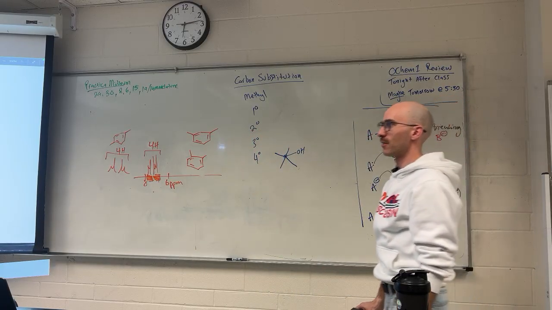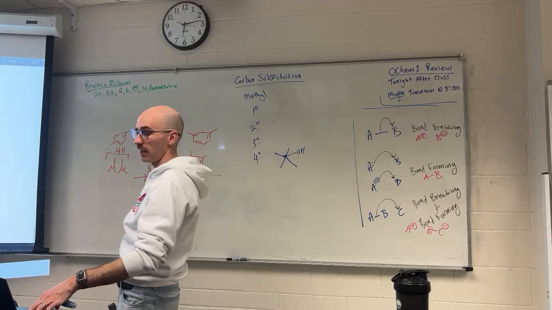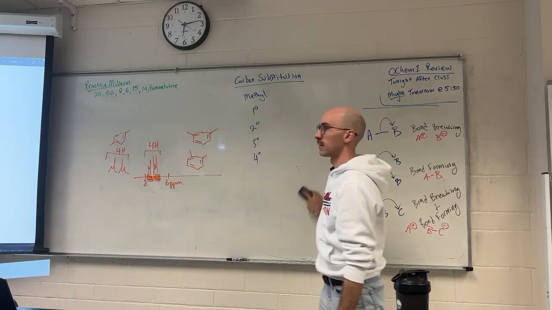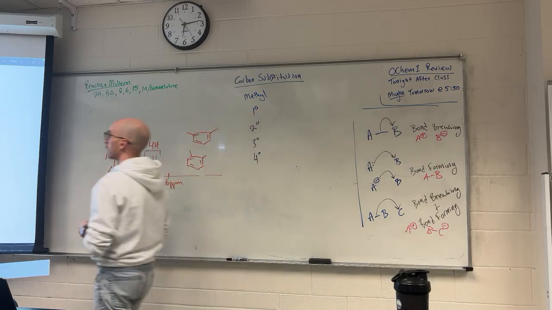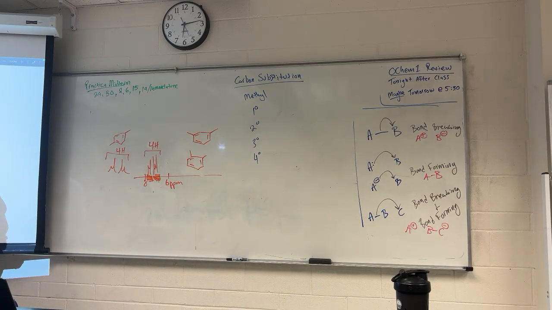So, question 30, can you identify the tertiary carbon? Right, 3 other carbons. There are actually only 2 degrees of substitution in the whole molecule: a tertiary carbon, and 3 primary carbons.